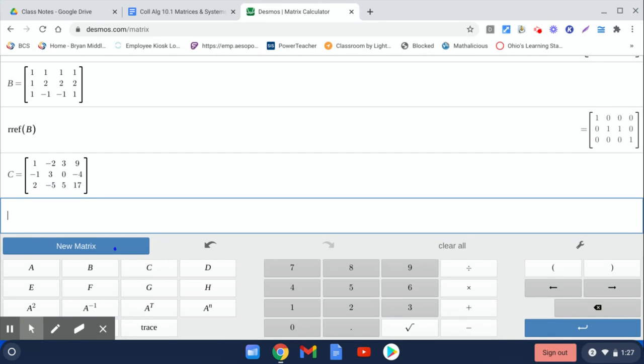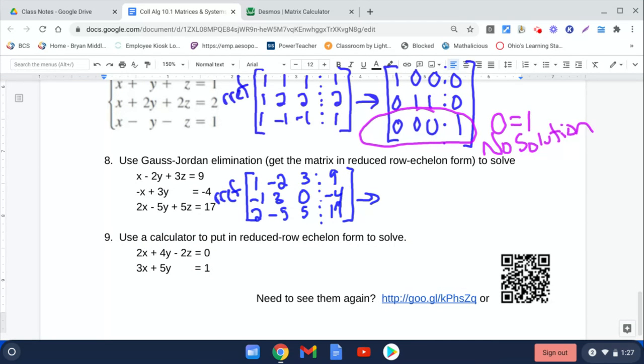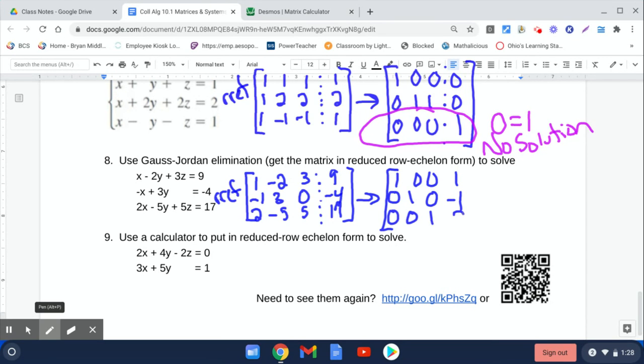All right, so Desmos has stored this as matrix C. We want to put that in reduced row echelon form, matrix C, and there it is. So when we come back to the notes, our reduced row echelon form was 1, 0, 0, 1, 0, 1, 0, -1, and 0, 0, 1, 2.